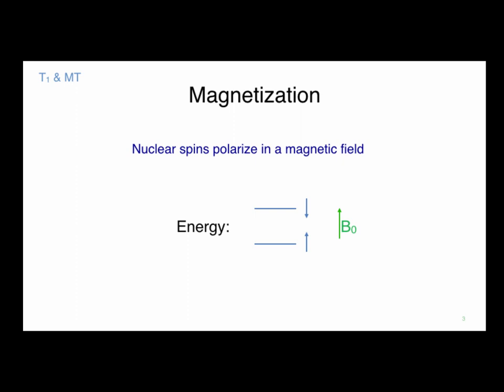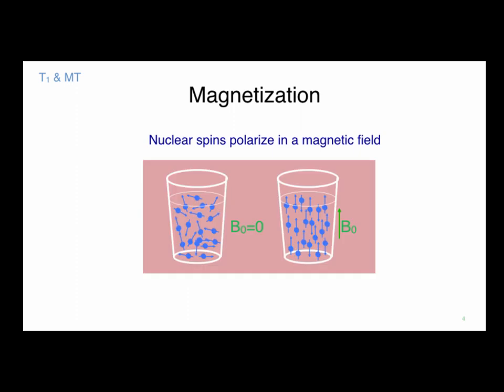And from quantum mechanics we know spin-1/2 particles, such as hydrogen protons, have only these two states. Since the energy level is slightly different between the parallel and anti-parallel spins, if you have a large number of molecules in a magnetic field, more of them will align parallel to the field than anti-parallel, and that means your sample is getting magnetized.